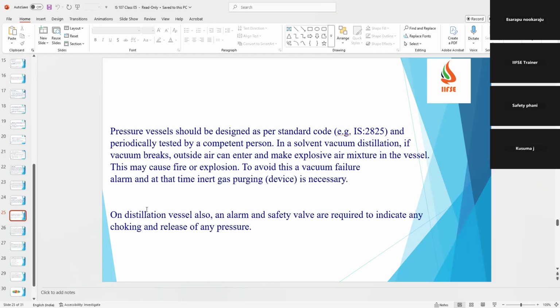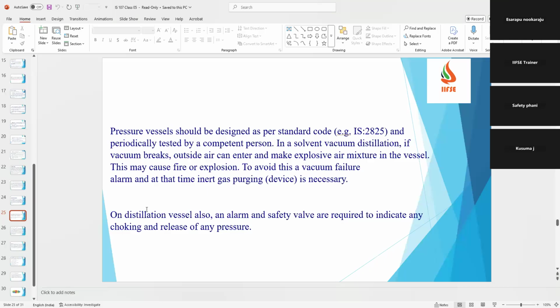These vacuums are used to avoid creation of flammable mixtures or gases. So whenever the vacuum system fails, there is a chance of air entering inside, so that it can create a flammable mixture that can catch fire. So whenever the vacuum system fails, it should activate the inert gas purging.